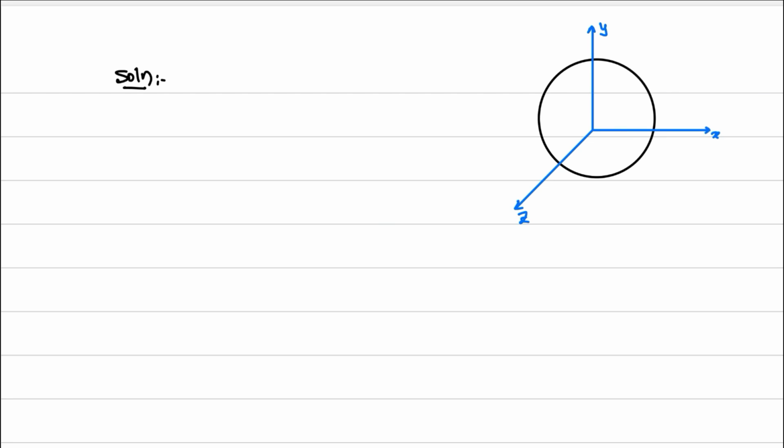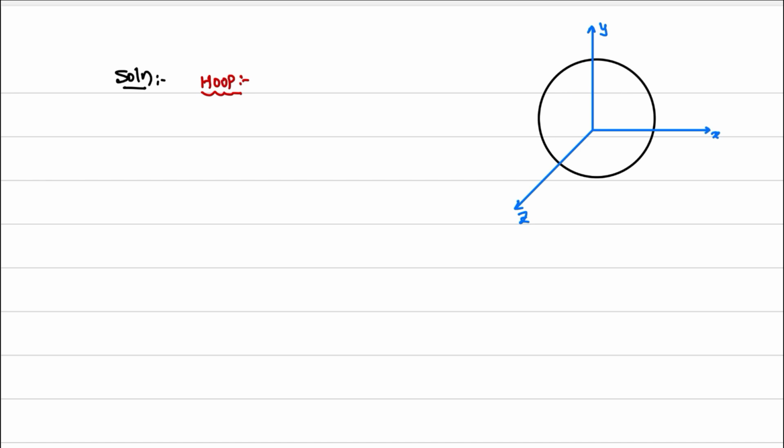Now, the moment of inertia for a hoop we have already calculated. I directly give the formula. Please refer to my earlier lectures for finding the moment of inertia of various shapes of rigid bodies.